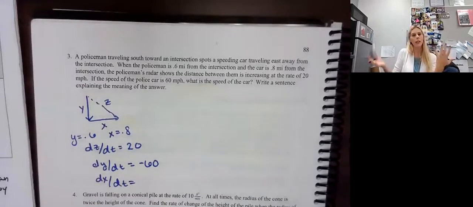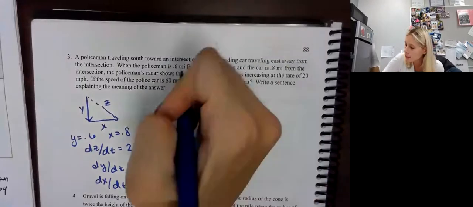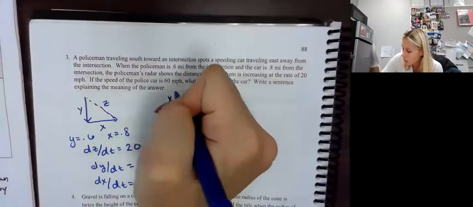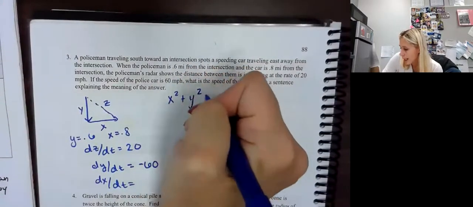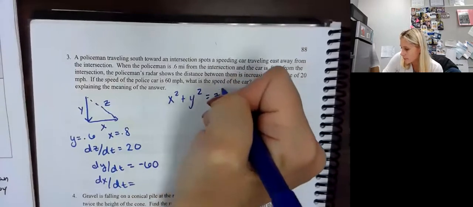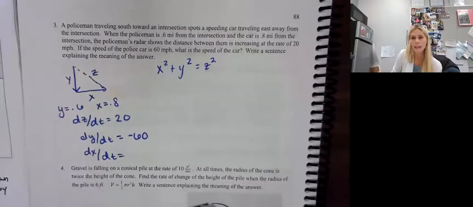All right, well, again, we have this right triangle. We have area, we have perimeter, and we have our Pythagorean theorem. What's going to be the best? Hopefully you said Pythagorean theorem. So we have x squared plus y squared equals z squared. None of them were constants, so we don't have any numbers in there. We just have our variables.